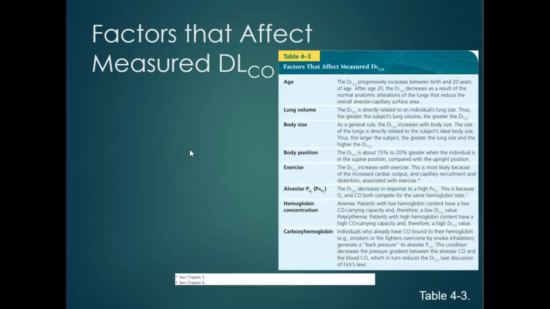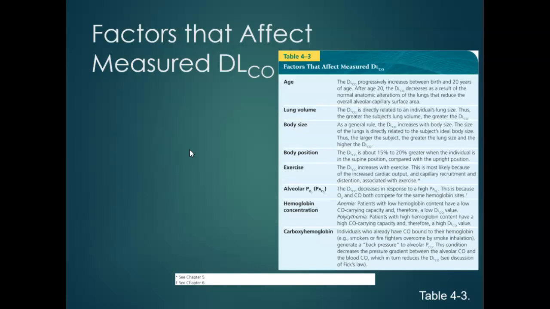A couple factors are going to affect the measured diffusion level. The first is age. That DLCO is going to change with age. Usually it's going to increase up to the age of 20, and then after 20 it's going to start decreasing, just because we have reduced alveolar surface area as we age.